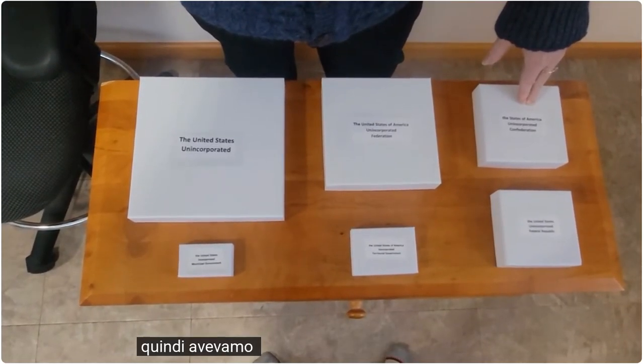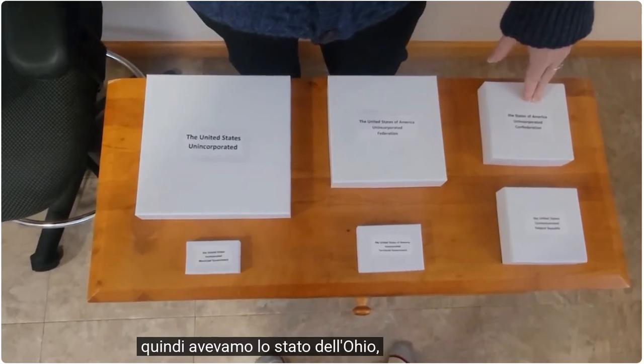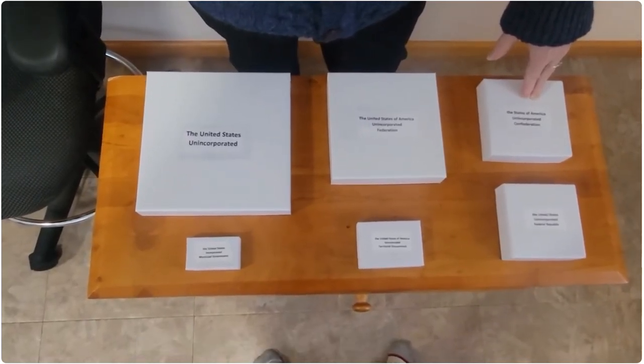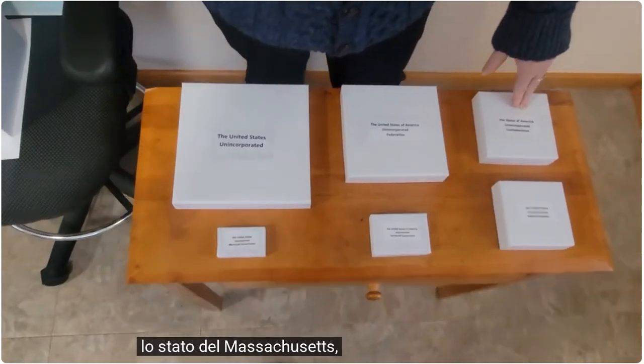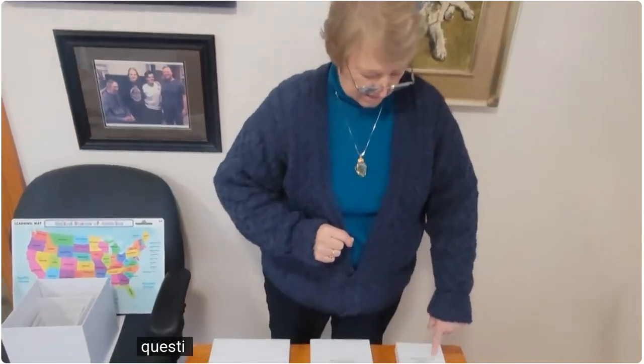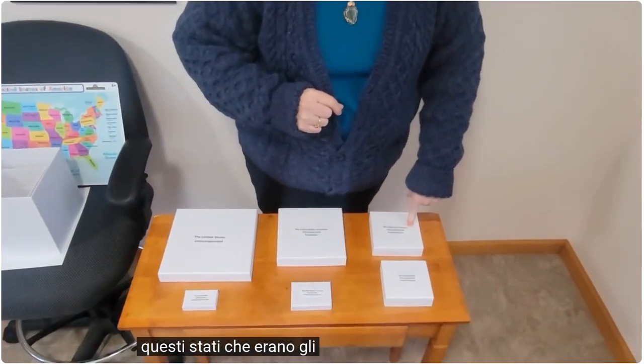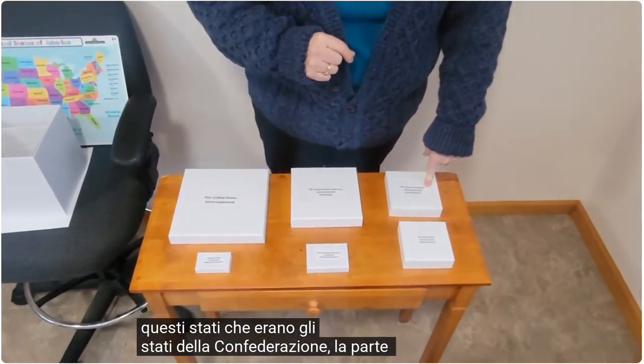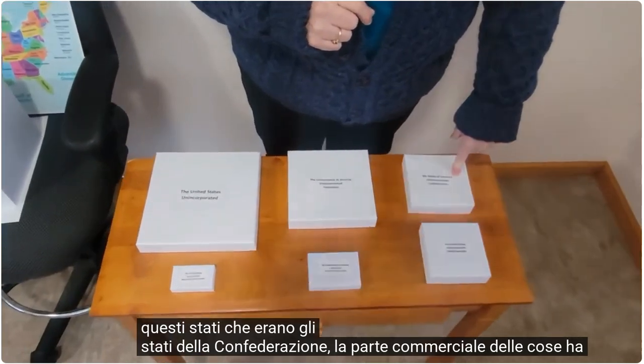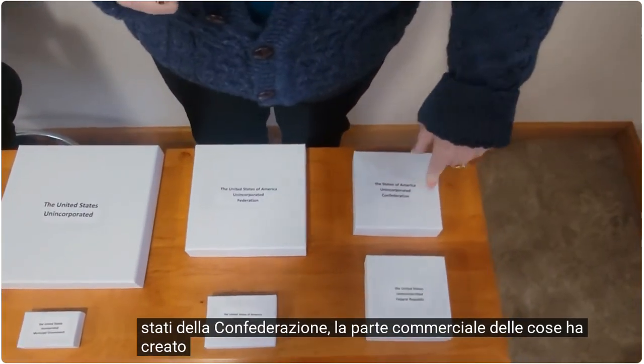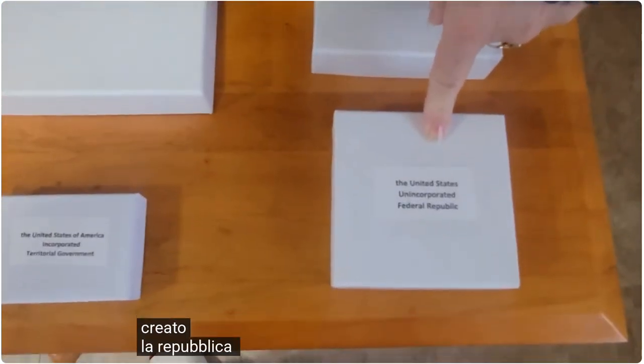So we had the state of Ohio, the state of Massachusetts. These states that were the Confederation states, the business end of things, created the Federal Republic.